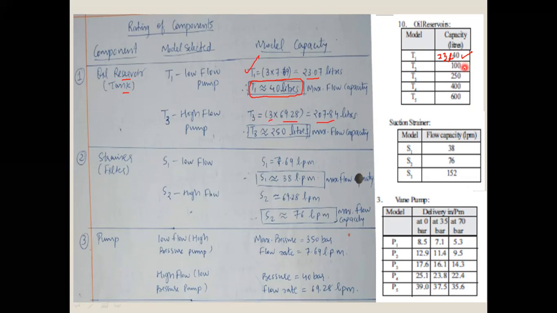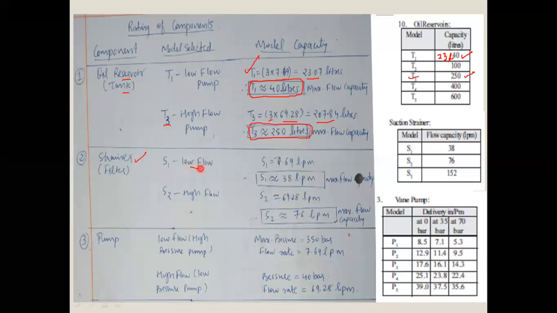It will not come under 100, but it can come under 250, because 207.84 is less than 250 and greater than 100. So the model will be T3, and I will select the T3 model, whose maximum flow capacity is 250 liters.